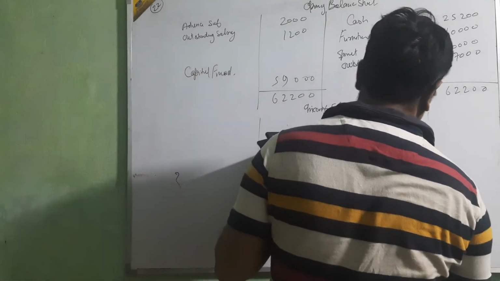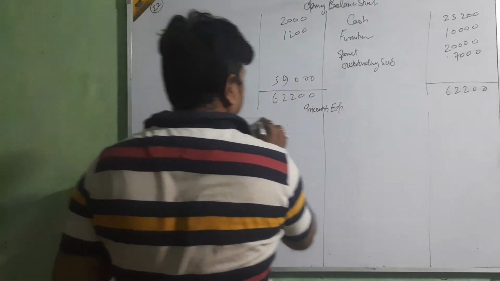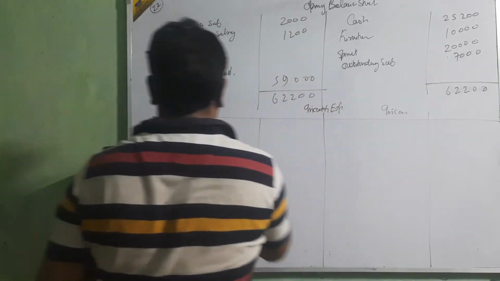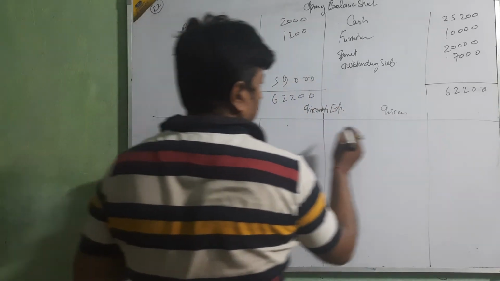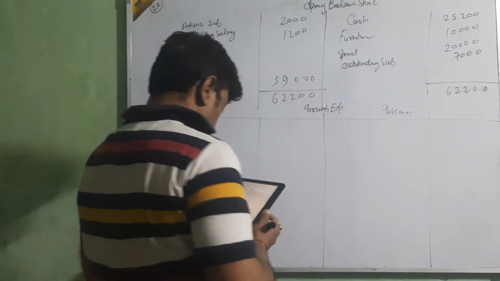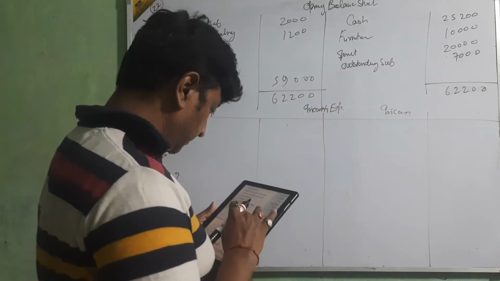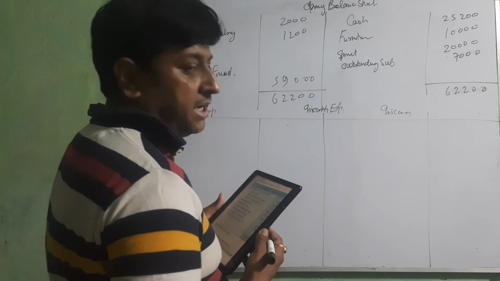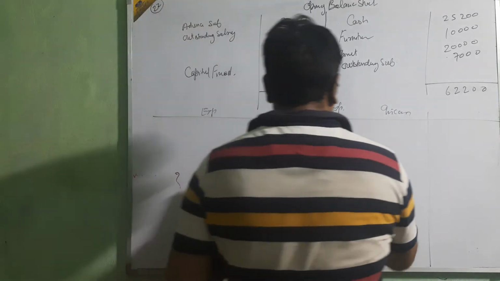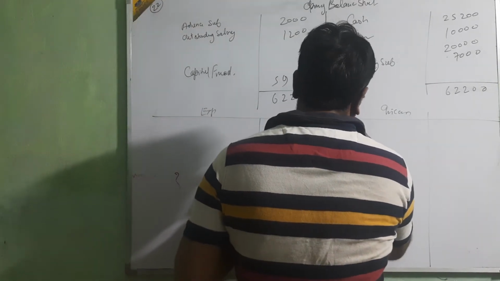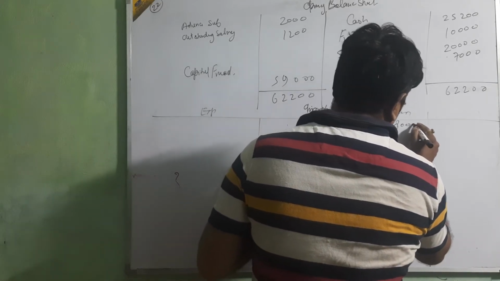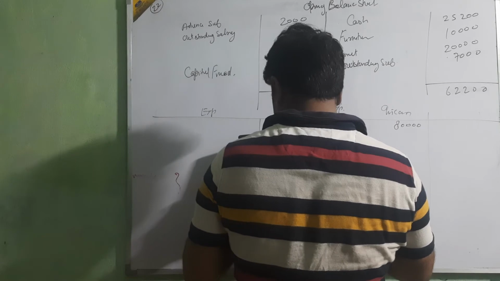Just see how I am going to make the income expenditure account. Okay, now start. First, now I'm going to start with the income side. First is subscription, by subscription amount is 80,000, okay?